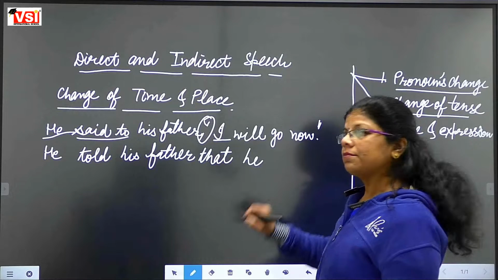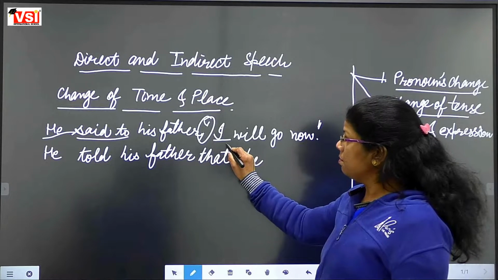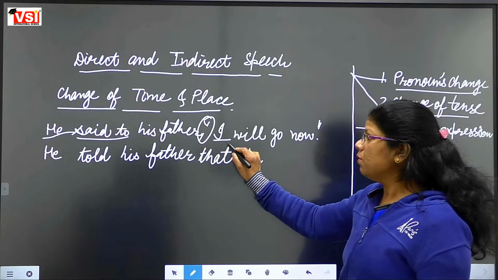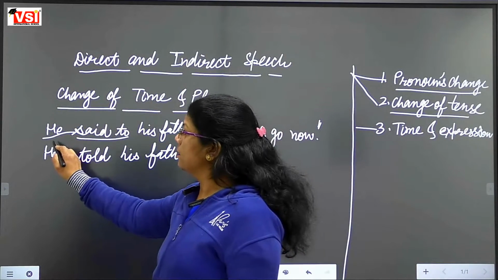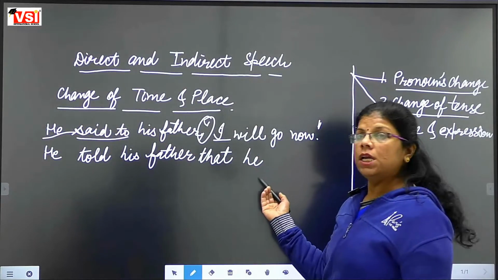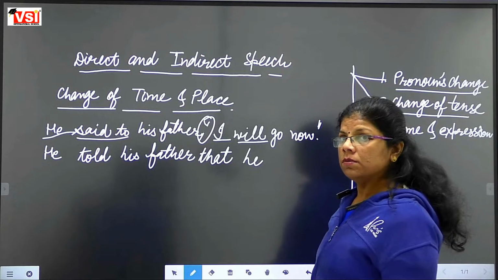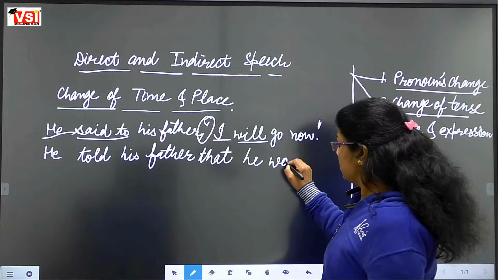Ma'am, me? Me नहीं बनेगा बेटा. I is a first person pronoun. First person pronoun changes according to the subject, and the subject we have is he. So it will change into he. And will be changed into would.